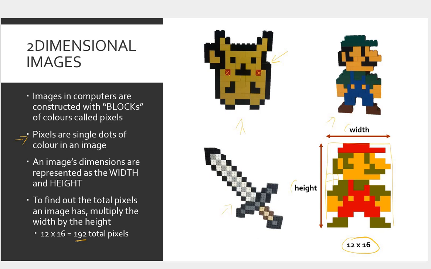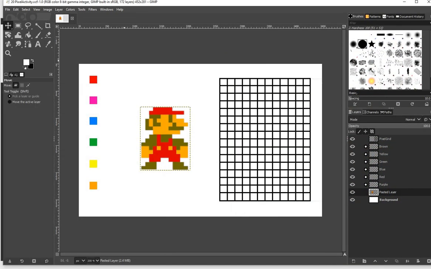Now for our first activity, that's exactly what we're going to be doing. We're going to be creating an image of Mario using certain pixels like Lego blocks. So if you can download the pixel activity file, what you're going to do is use the move tool to essentially drag these colors from the left side onto your grid here and create this image of Mario.